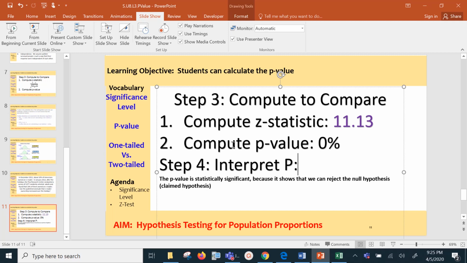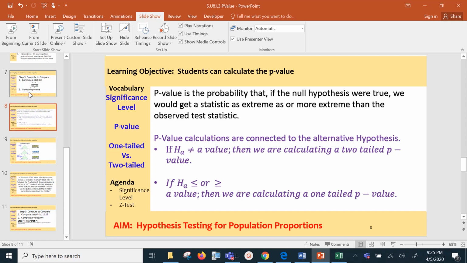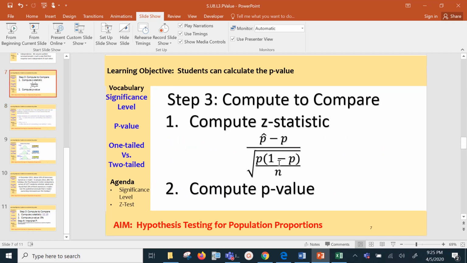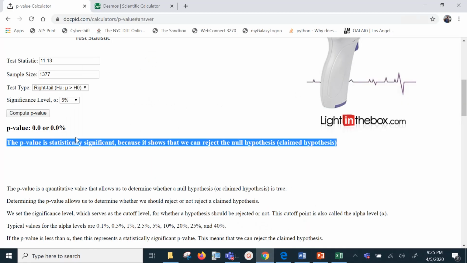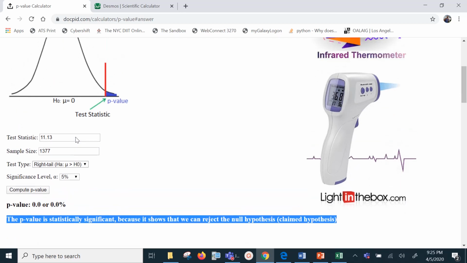When I check your guided notes today, I'm looking to see that you've done all the steps. I want to see this formula. You could just copy and paste this whole section right here, and that's not only your p-value, it's also your interpretation right there.